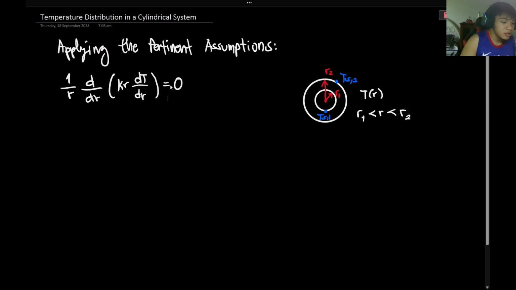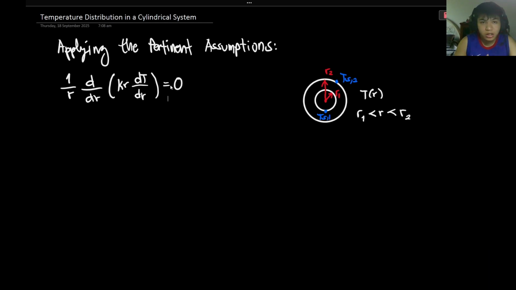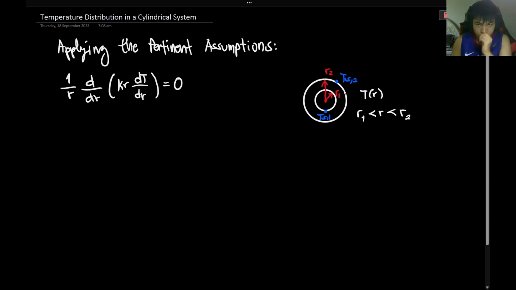Our goal here is to devise an equation that will adhere to this figure. What does this figure mean? It is basically a cross-sectional area of a cylinder. It is a surface, but our cylinder has an inner and an outer radius. That is the general meaning here.